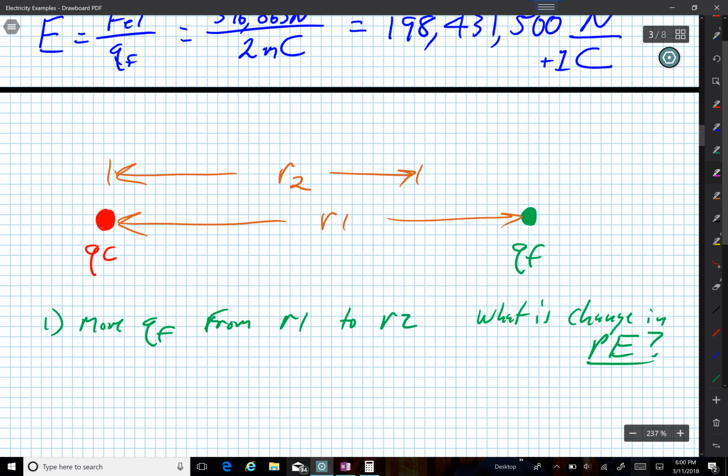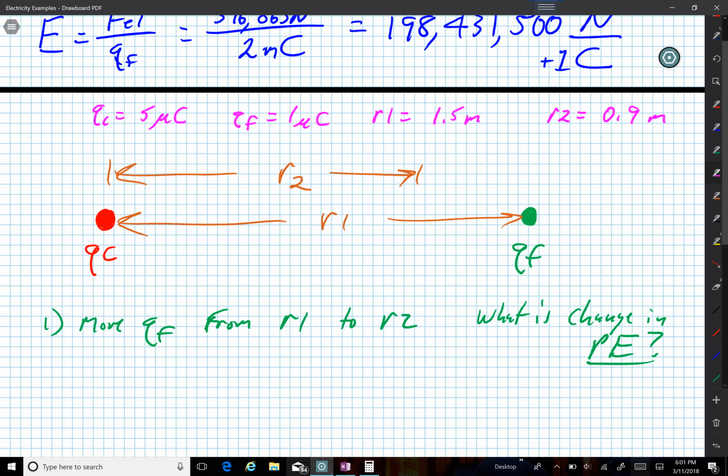Let's say that QC is 5 microcoulombs, QF is 1 microcoulomb, R1 is 1.5 meters, and R2 is 0.9 meters. Okay, so those are my numbers. And we want to know the change in PE.